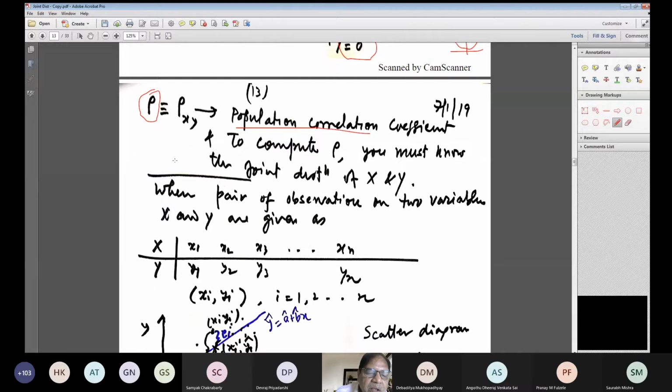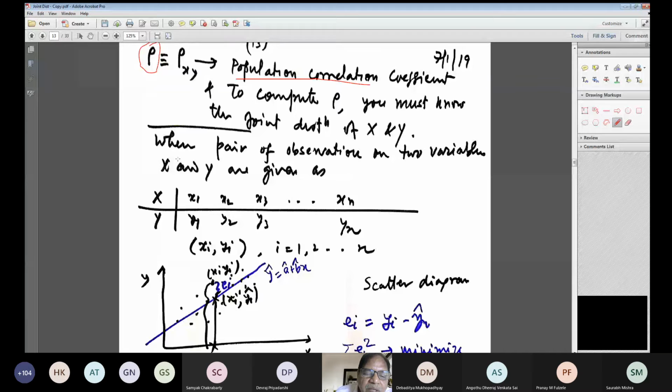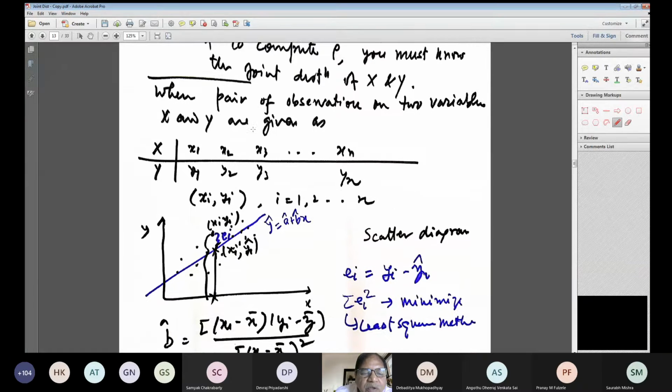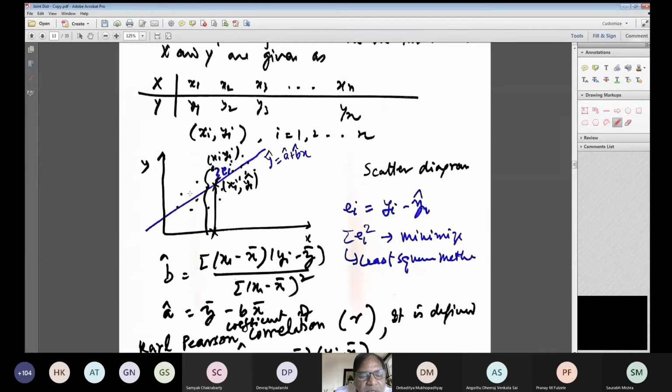So we define the sample correlation coefficient, which is also known as the Karl Pearson correlation coefficient. But before we proceed to define the sample correlation coefficient, we have earlier seen the least square method, which you have done in mathematics 2.